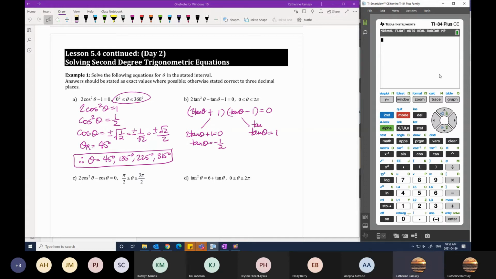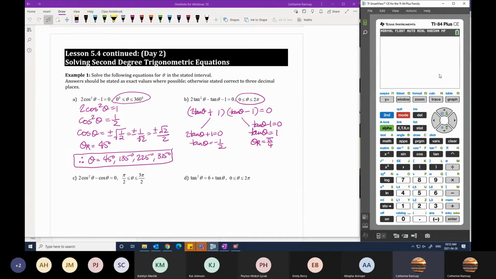Because tan theta minus 1 equals 0, so we move the 1 over. Okay, so on tan theta equal to 1, that is an exact value. So who can tell me, again, this is in radians this time, what reference angle is tan theta equal to 1? 45 degrees? Yes, so because this is in radians, I'm going to do it as pi over 4.